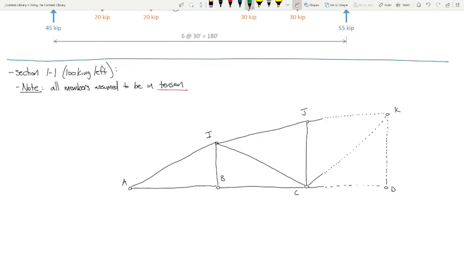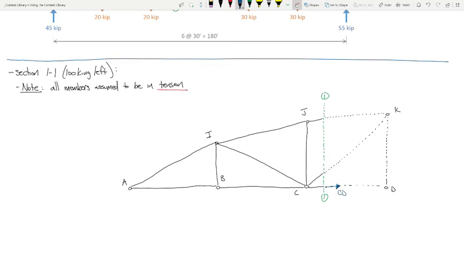And so the idea is we cut our section. This is us cutting the section, like that. Okay. So let's go ahead and identify our unknowns. We have an unknown force down here. We'll call that CD.